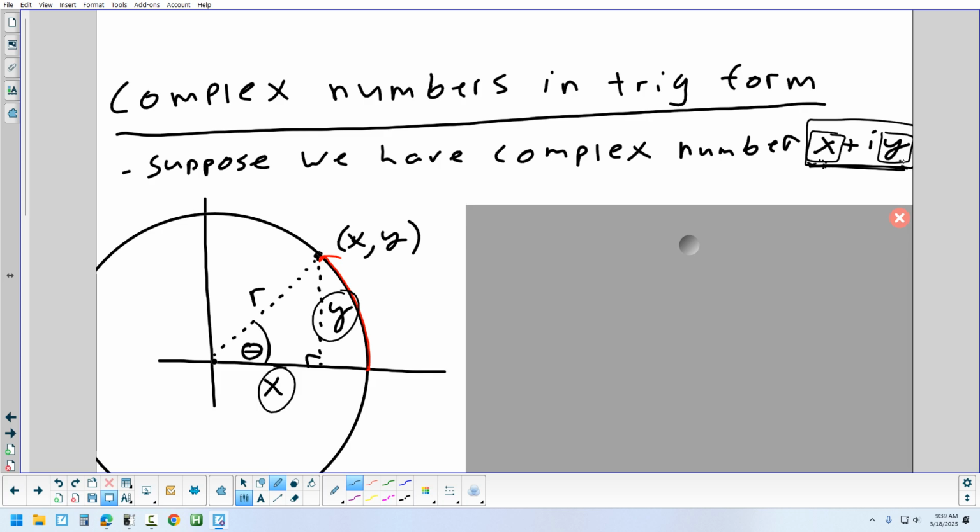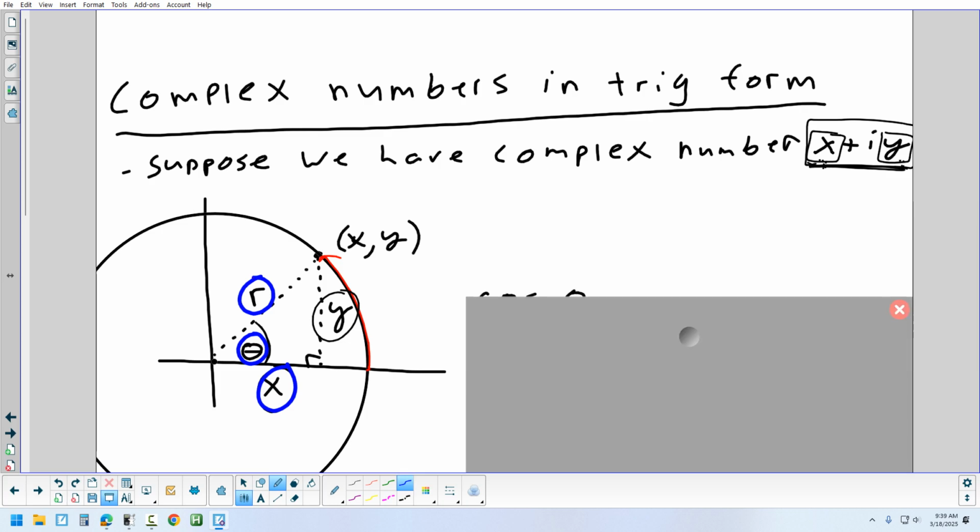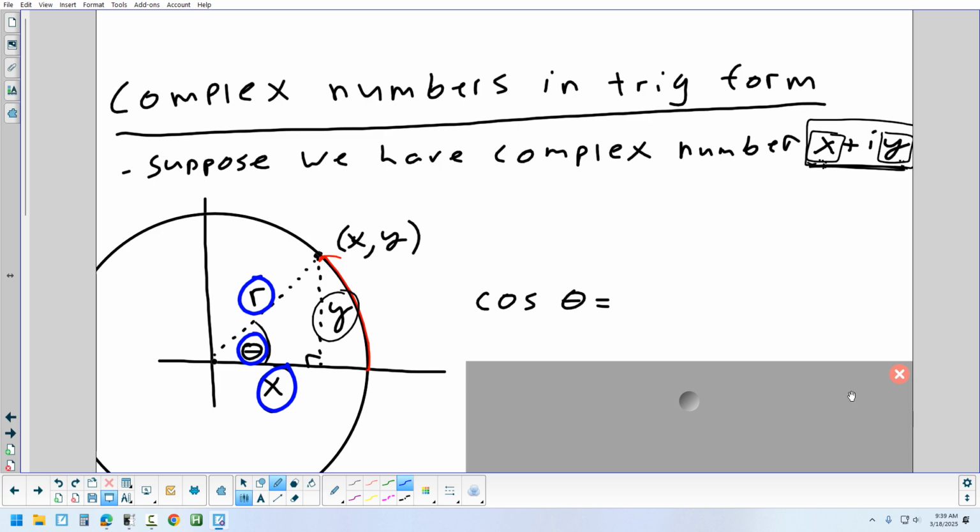Let's see if we can come up with a formula for X. What trig function would involve X, this angle, and that radius right there? Yep, cosine, exactly. I've already started it out: cosine theta equals, and what would go on the other side? Yep, X over R. Perfect.